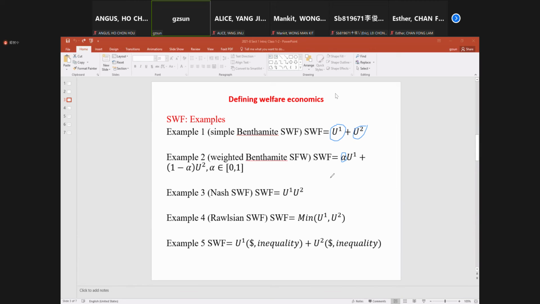By voting for different candidates, people choose different policies to reflect the values of alpha and 1 minus alpha. So this is a very simple way to formulate social welfare by giving different weights to different people, but that simple way makes a lot of sense in understanding what's going on in the street, what's going on in reality.